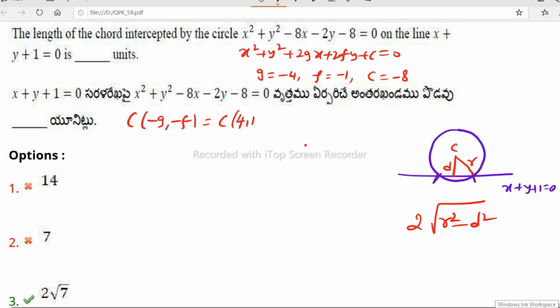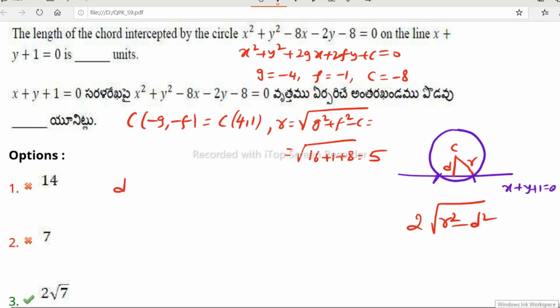We also have to find the radius. R equals root over g square plus f square minus c. g square is 16, f square is 1, minus c is plus 8. 8 plus 1 is 9, 9 plus 16 is 25, root 25 is 5. Radius we know, center we know.